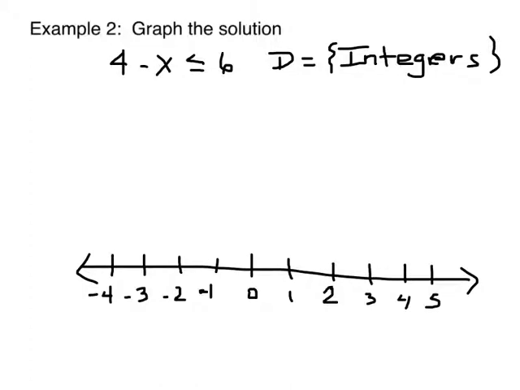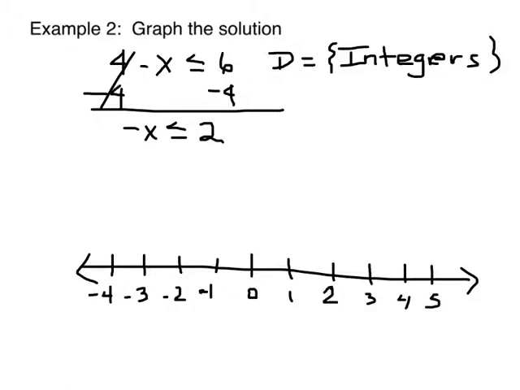This example says graph the solution 4 minus x is less than or equal to 6. And in this example, our domain is going to be integers. First we're going to isolate this negative x by moving this 4. The way we do that is to subtract. We have a positive 4, so we'll need a negative 4. Now we've got rid of that, and we have negative x is less than or equal to 2.